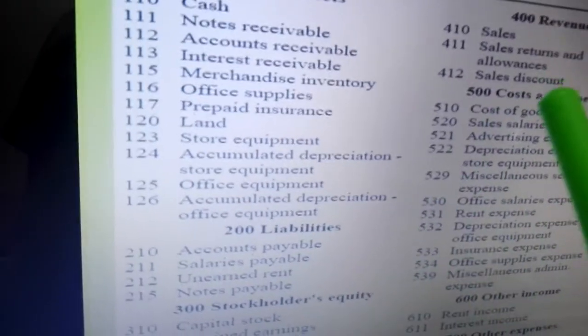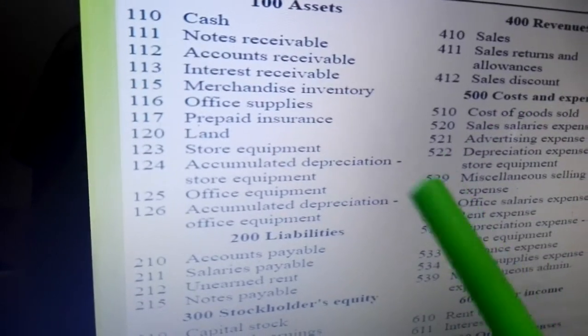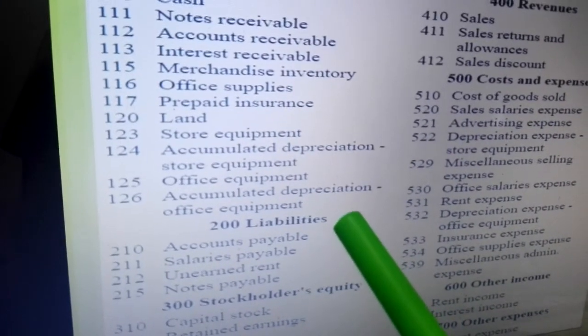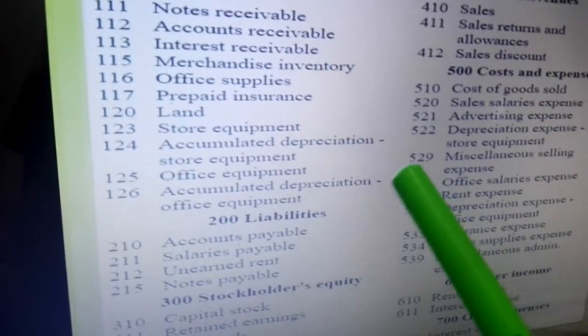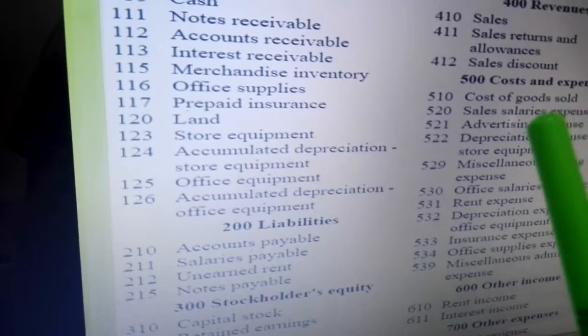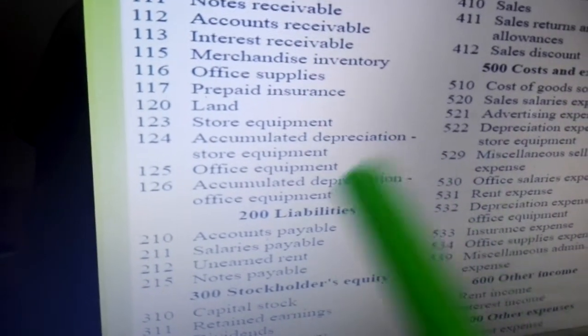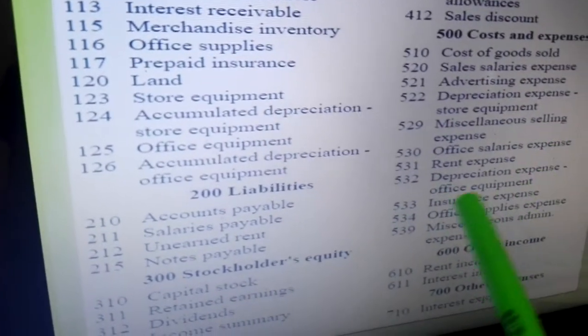Let's say the billing or the electric bill of the company. After 1 month, they didn't pay it. So for example, they have 2,000 of bills. Then there will be an increase when it comes to payable, which is utilities payable. But once they paid it, then there will be utilities expense.